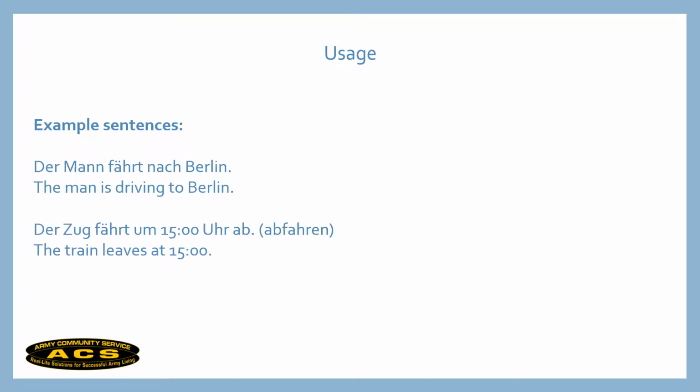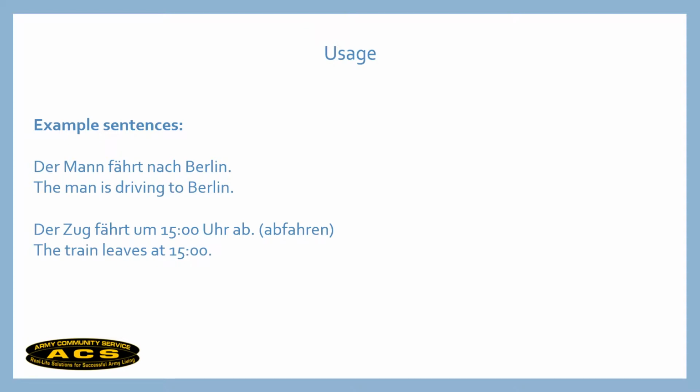And because we like it so much, another example sentence. Der Mann fährt nach Berlin. The man is driving to Berlin. So here we have a simple verb, fährt, conjugated. Actually, the infinitive is fahren, but I can also use a separable verb in some cases. And here for the sentence, der Zug fährt 15 Uhr ab.